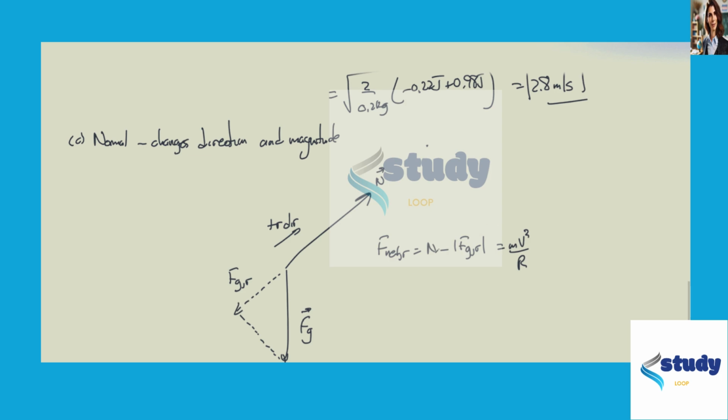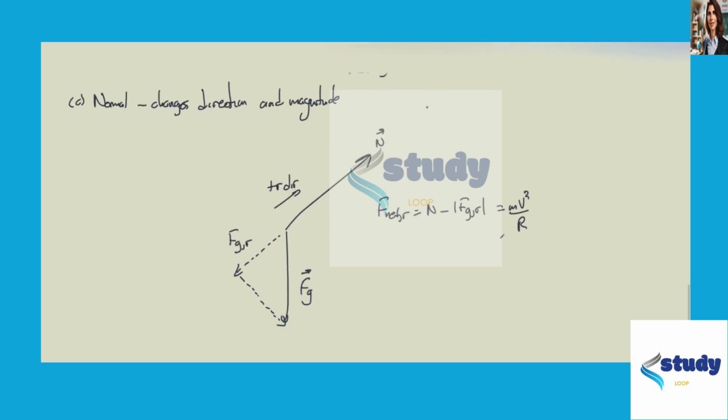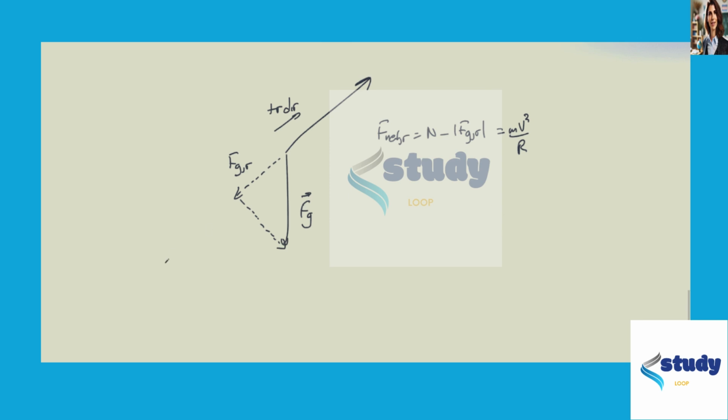So when you solve for N, mv squared over r is growing because v is growing. The magnitude of the R component of the gravitational force is growing. So N is growing. It has to. This guy is growing, so it's got to grow, because you've got to have the centripetal force to turn this object at its higher speed. Okay, so that's why that's out.